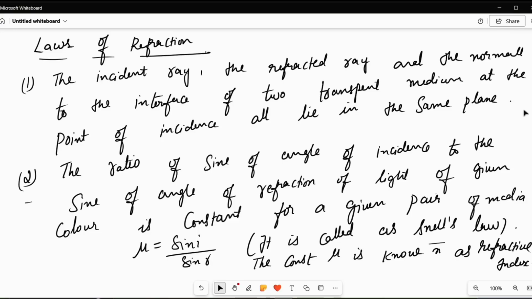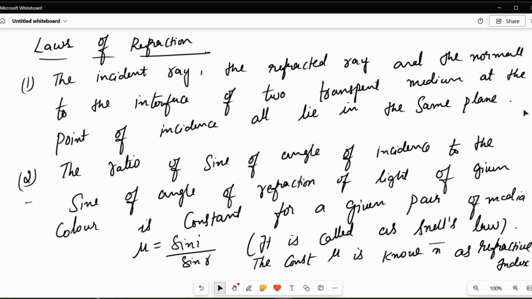Second law: in reflection we studied that the angle of incidence and angle of reflection were the same, i is equal to r. But here, it is the ratio of the sine of the angle of incidence to the sine of r, the angle of refraction.